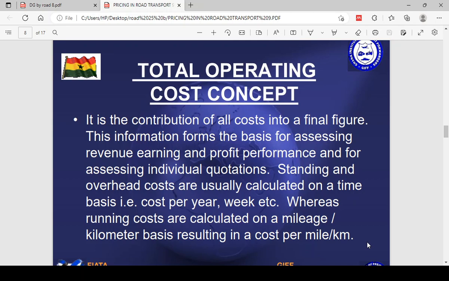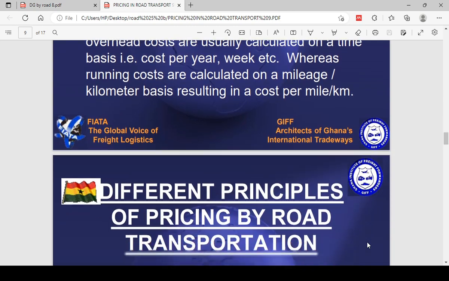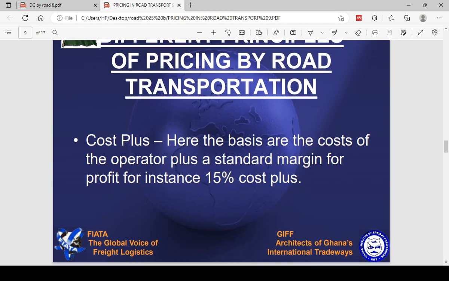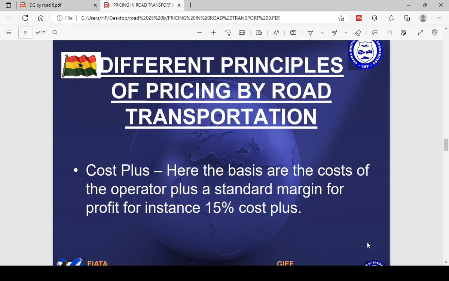Standing and overhead costs are usually calculated on a time basis, so cost per year, a week, an hour, whatever. Whereas running costs are calculated on the mileage, the kilometers that you have covered, resulting in the cost per mile or kilometer.